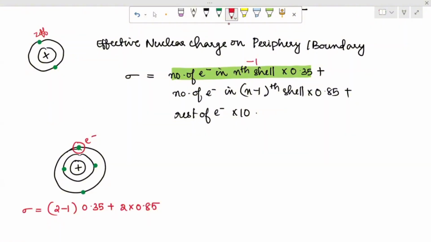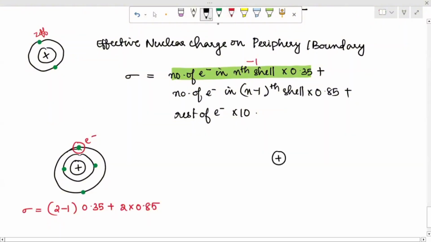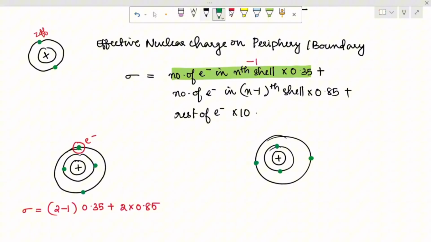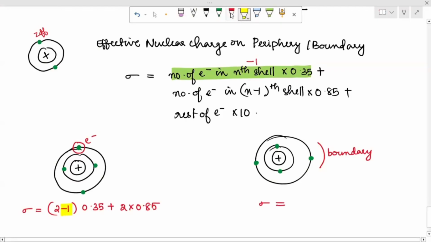But if you have the periphery, the same beryllium, let's say this is the boundary, and you have to find the Z effective of the boundary, then you don't do this minus 1. All you have is 2 into 0.35 plus 2 into 0.85.